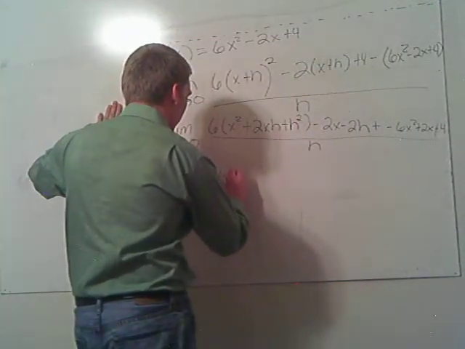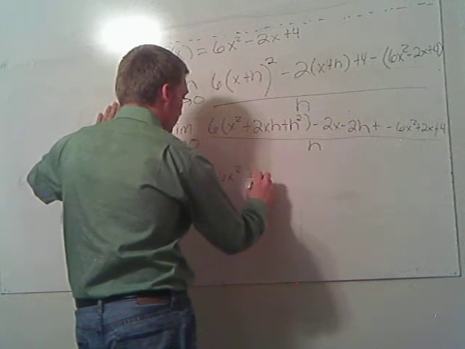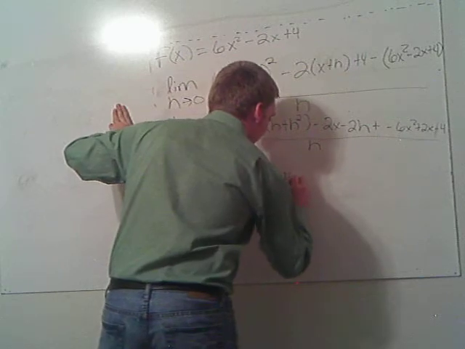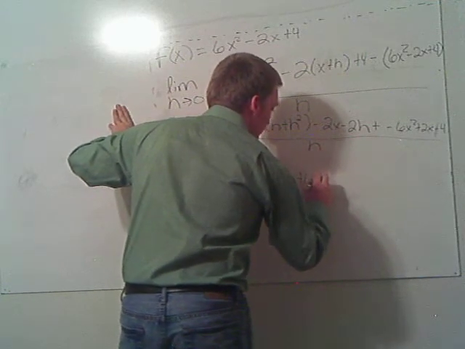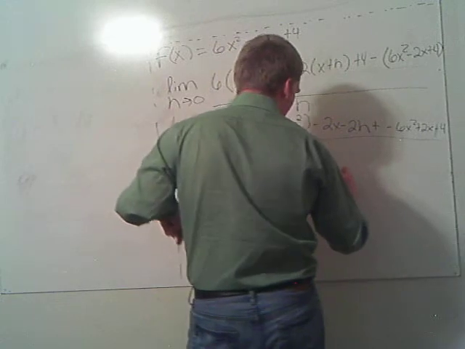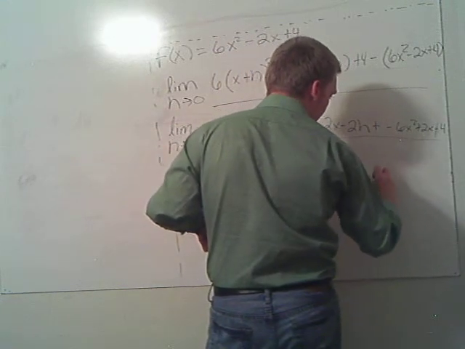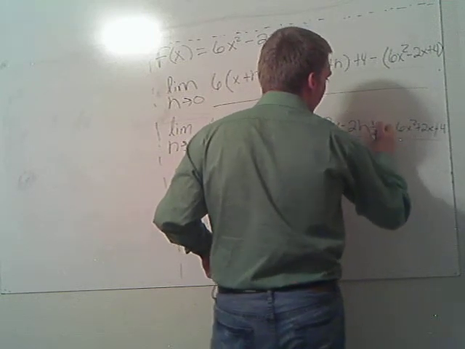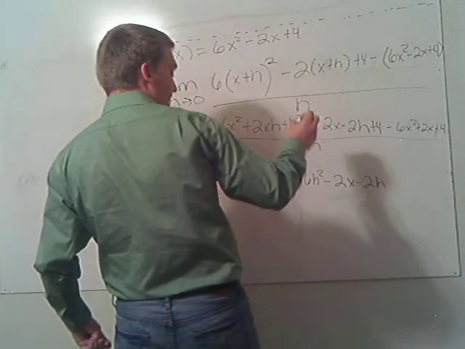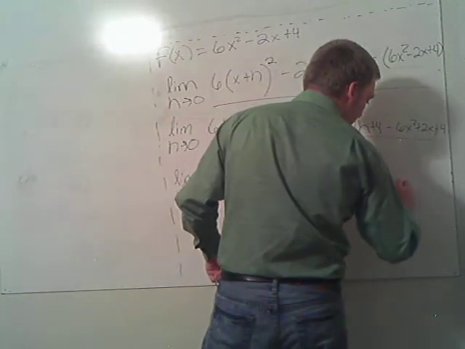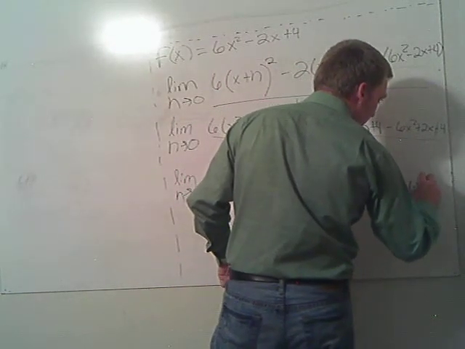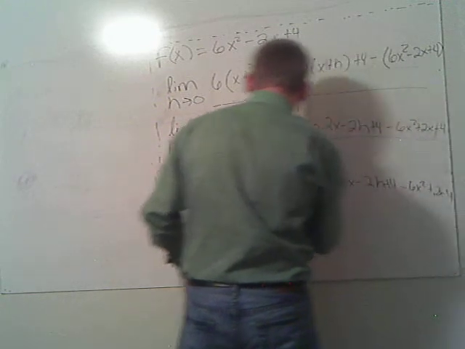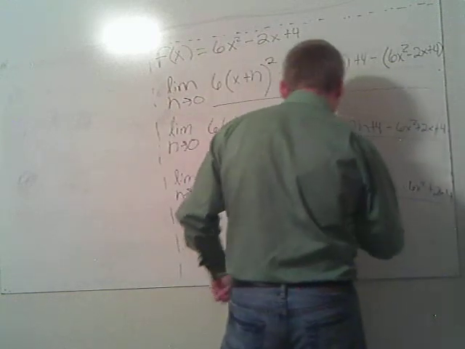You'll get 6x squared plus 12xh plus 6h squared minus 2x minus 2h, plus 4, of course, plus 4 minus 6x squared plus 2x minus 4. And again, this is still all over h.